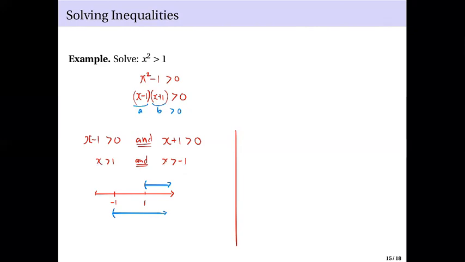If I get my x somewhere here, although it satisfies x greater than -1, it does not satisfy the other inequality, x greater than 1. So you would see that the part we require so that these two inequalities are satisfied is this one in here.